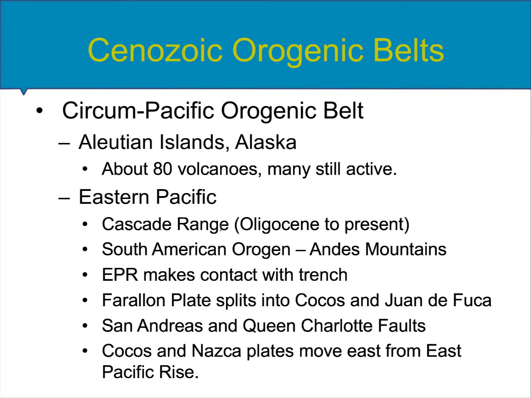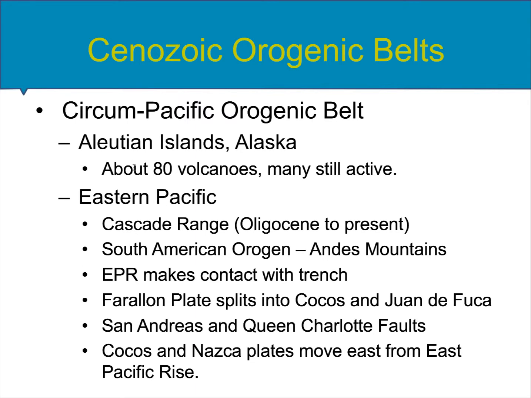And so we'll look at the Cascade Range, the Andes Mountains, and then how the East Pacific Rise, the mid-oceanic ridge, made contact with the trench during the Oligocene epoch. We'll talk about how that formed the San Andreas Fault.